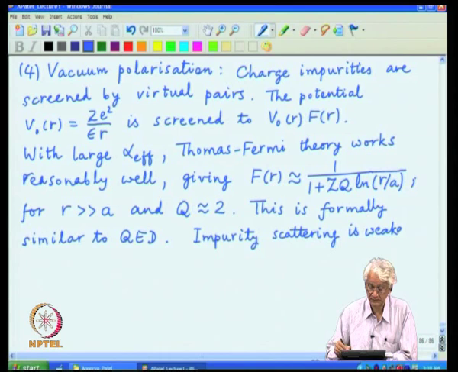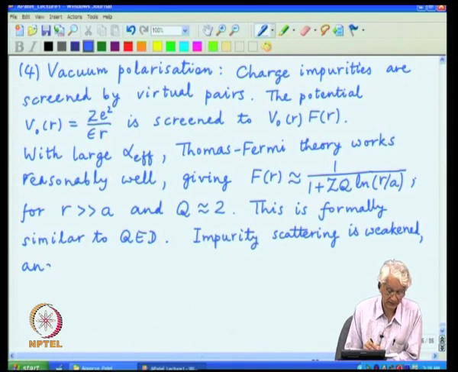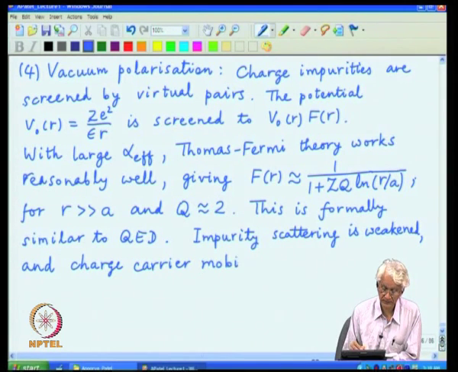The charge is now shielded and one can see that in terms of mobility of the charge carriers.